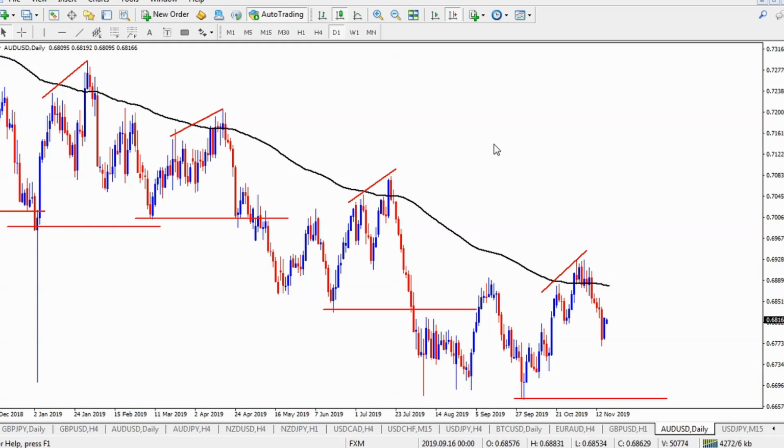We want to see how the market is interacting with certain indicators that we use. We want to see what the market does so that we can take advantage of it when it happens again, because this is something that we're looking for that should happen consistently, regularly, over and over again. So that is something that I noticed on the Australian dollar US dollar daily time frame. Check this out, see if you can find this pattern on different time frames, maybe with different moving averages.